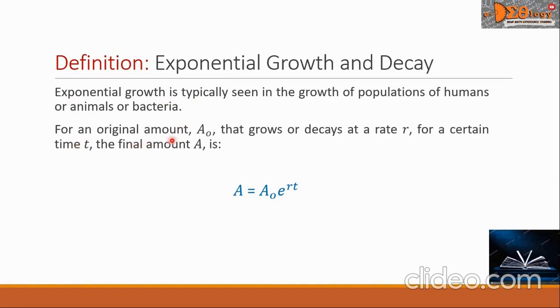For an original amount denoted by A sub O that grows or decays at a rate R for a certain time denoted by T, the final amount, capital A, is computed by this formula. Capital A equals capital A sub O times the constant E raised to a power that is a product of R and T.